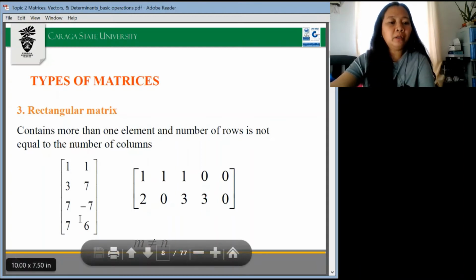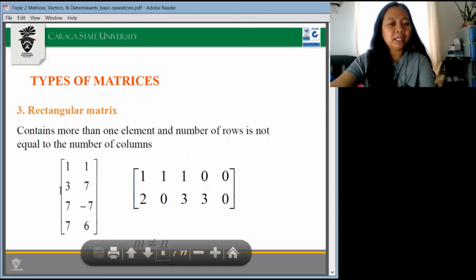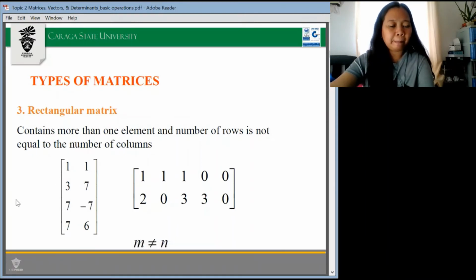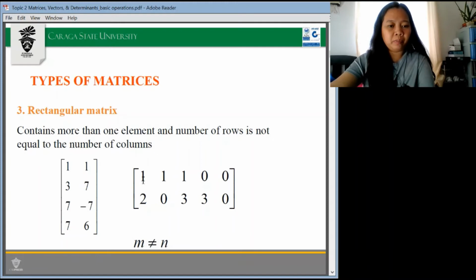And how many rows? 1, 2, 3, 4. It means that we have a 4 by 2 matrix. How about this one? How many rows? 1, 2. And how many columns? 1, 2, 3, 4, 5. So we have a 2 by 5 matrix.